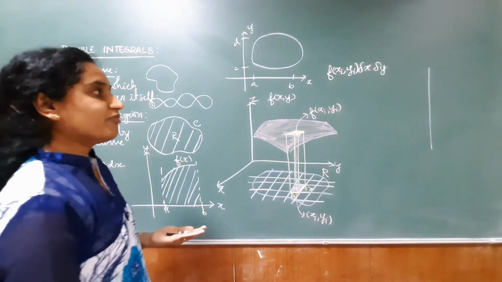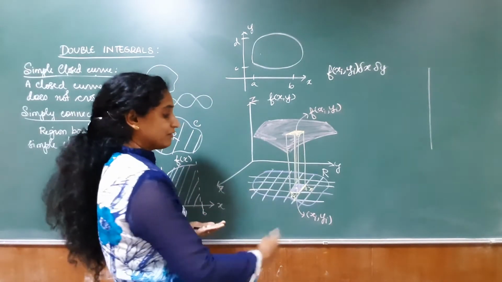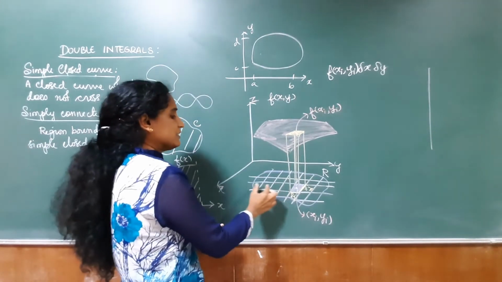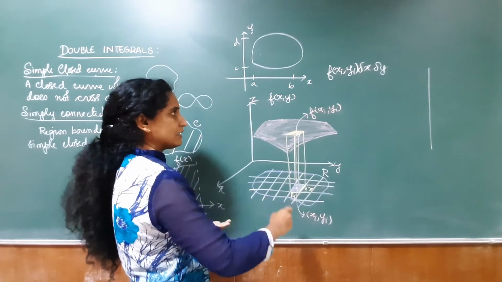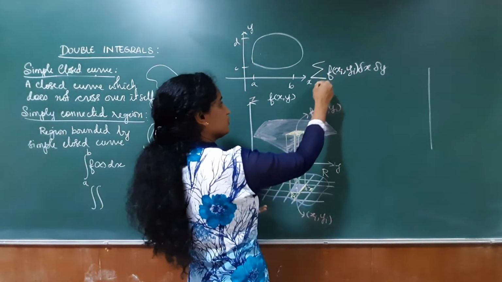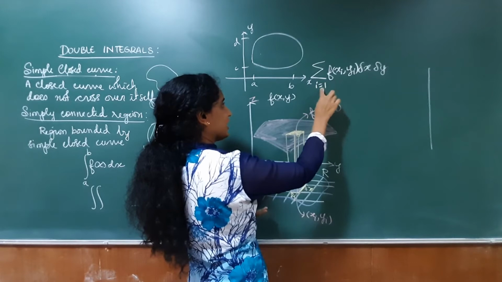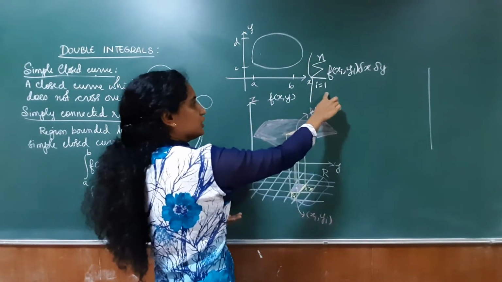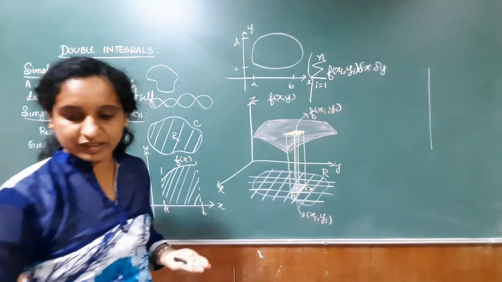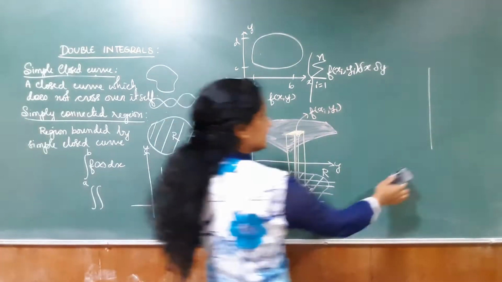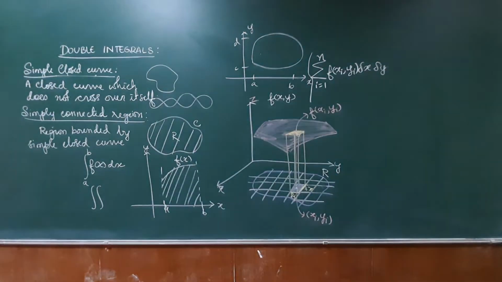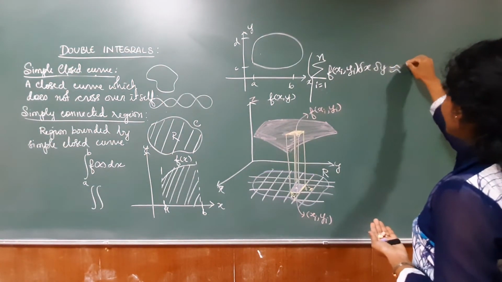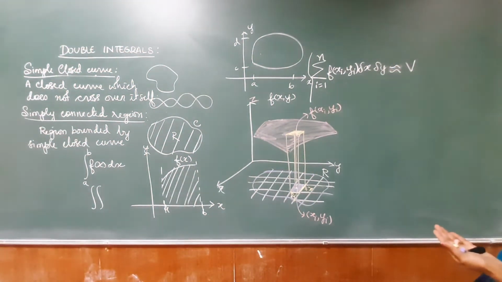Now this is the volume of one such parallelepiped, and I said I have divided this region into n number of rectangles, so I will sum the volumes on all n rectangles, that means from i equal to 1 to n. This is going to give me the volume of the entire solid. Therefore, the volume of the entire solid is approximately equal to this particular quantity.